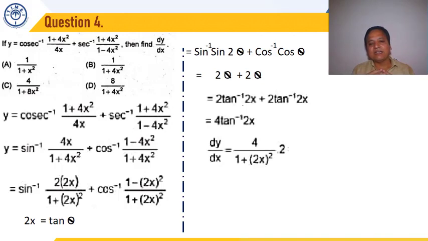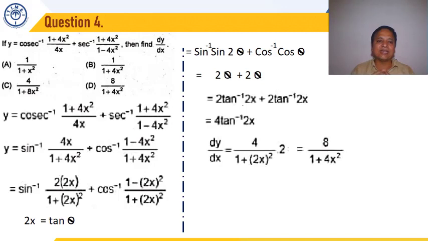So we can say dy by dx is equal to 4 upon 1 plus x square, since differentiation of tan inverse x is 1 upon 1 plus x square. So it is 1 upon 1 plus (2x) whole square, and we have to multiply by differentiation of 2x, which is 2. So 4 upon 1 plus (2x) whole square multiplied by 2.